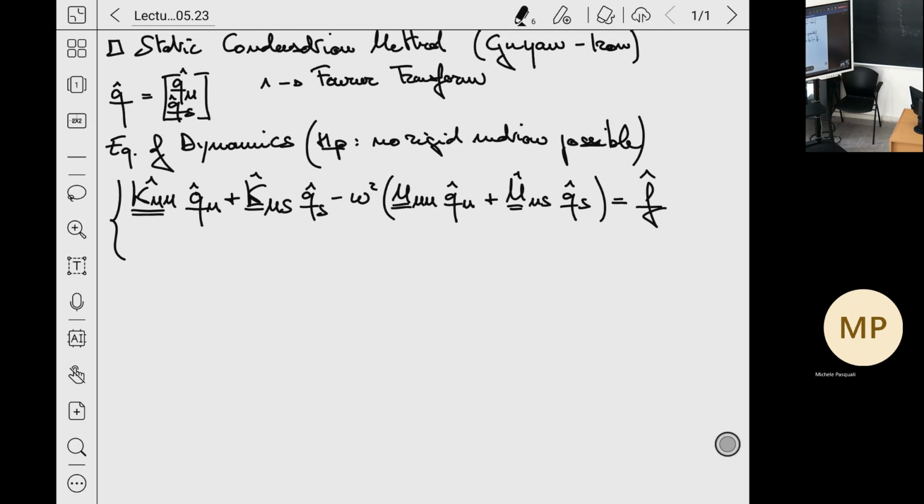Master nodes are the nodes to which we associate a master coordinate, of course.